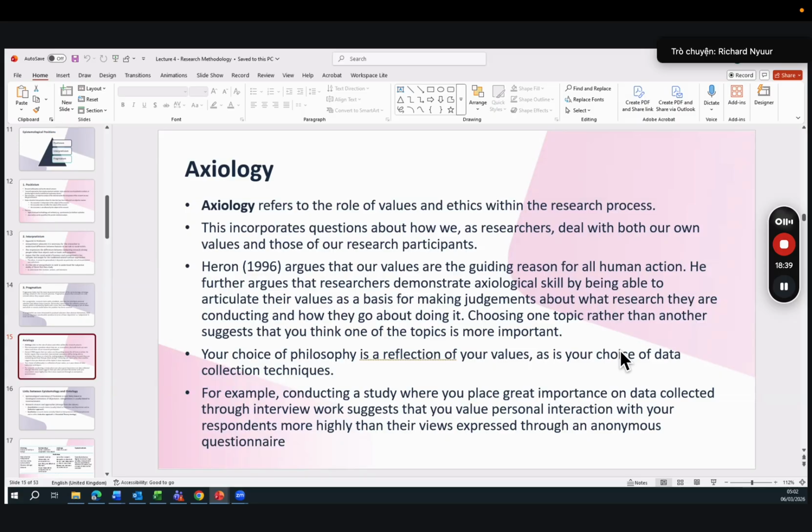Okay, so the choice of the philosophy indicates or reflects the researcher's values. It indicates the researcher's values.